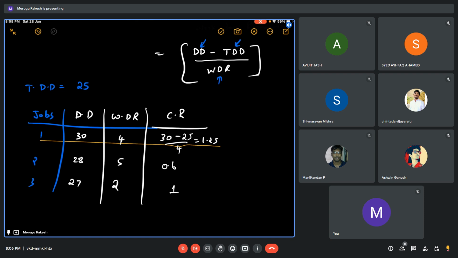You have three different cases of critical ratio: less than 1, equal to 1, and greater than 1. If it is greater than 1, it has slack time, meaning it has enough time to delay. If it is less than 1, it indicates that it gets delayed. If it is exactly equal to 1, it is on time.